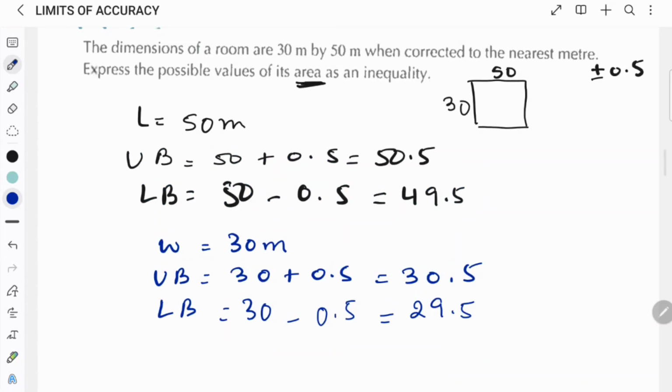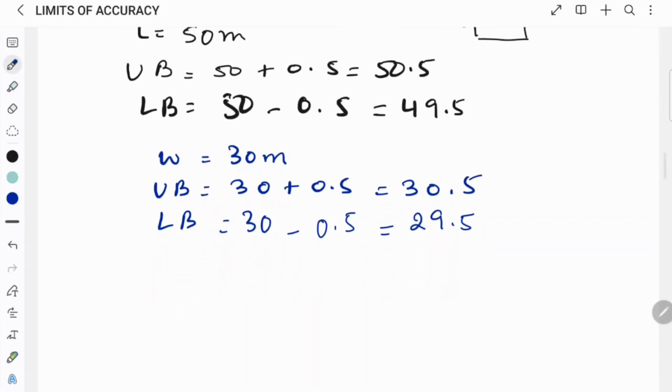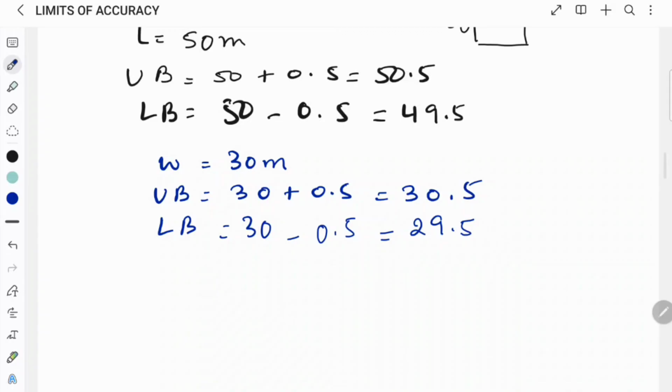To find the possible range, they are just asking you to find both values, the minimum and maximum. For the maximum value, the upper bound is the upper bound multiplied by the upper bound, and the lower bound is the lower bound multiplied by the lower bound.